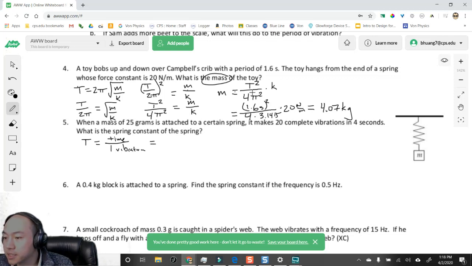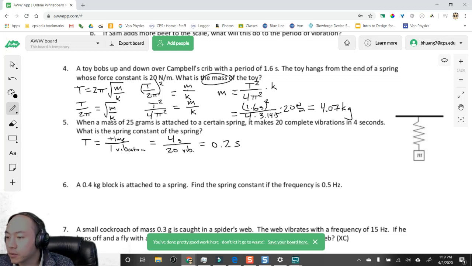So what this means is it takes 4 seconds for 20 complete vibrations. If I divide this out, I get 4 divided by 20, or 1 divided by 5, which is 0.2 seconds per one vibration. So that is the period.